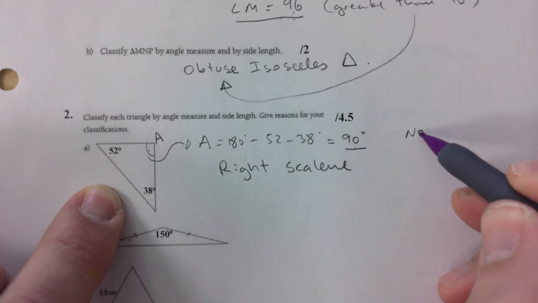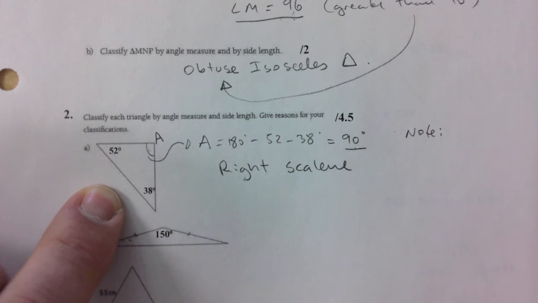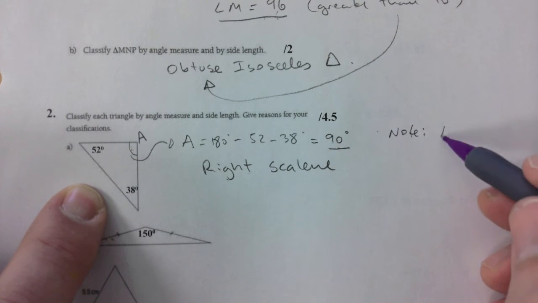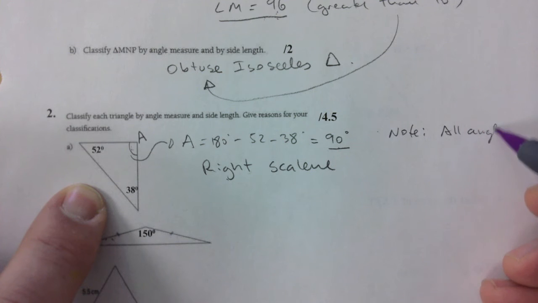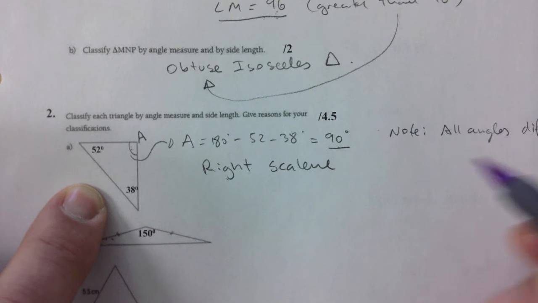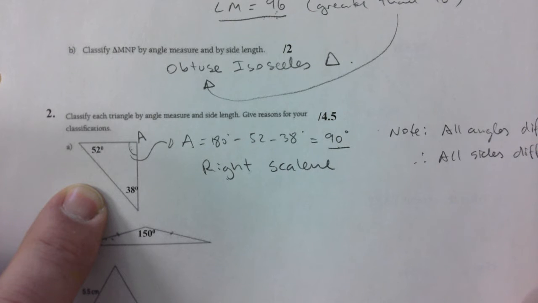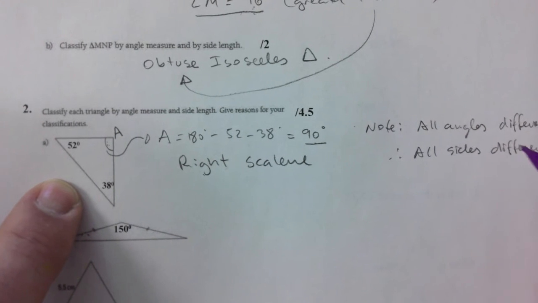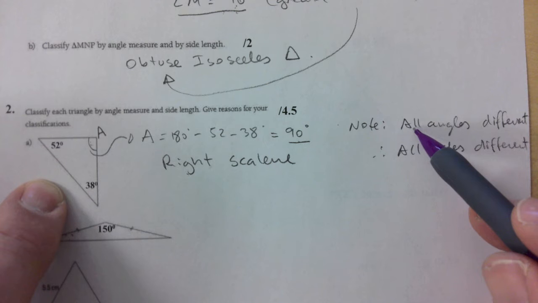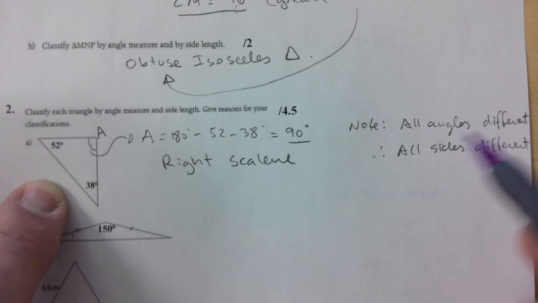I'll make a note here. And I don't know if I mentioned this in the videos, right? All angles different, therefore all sides are different. If all angles are different, therefore all sides are different.